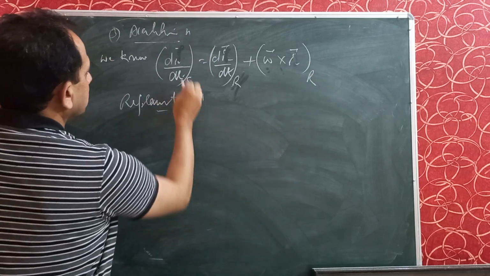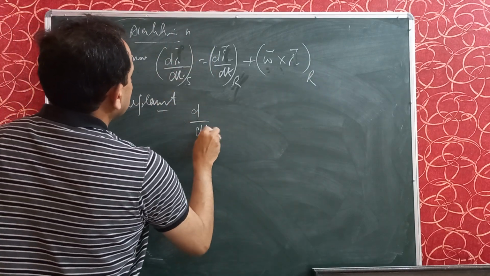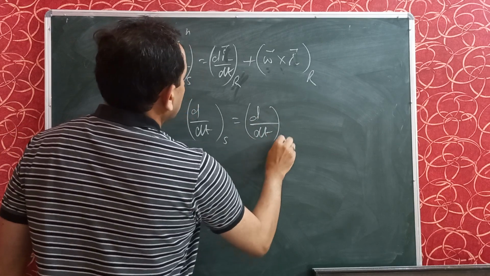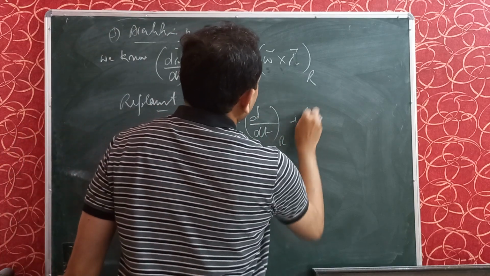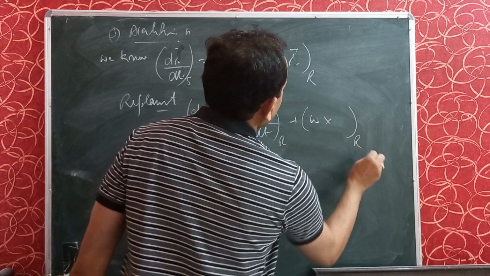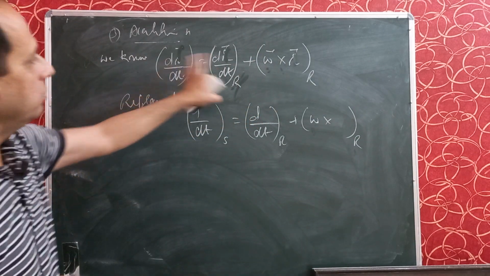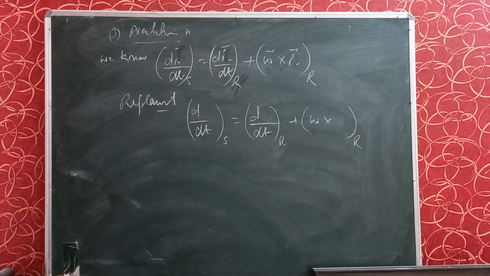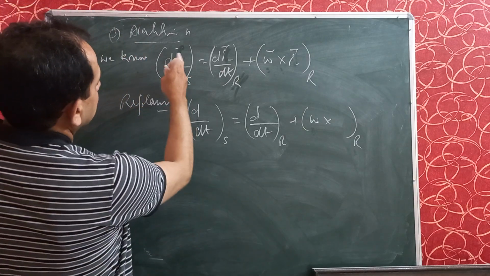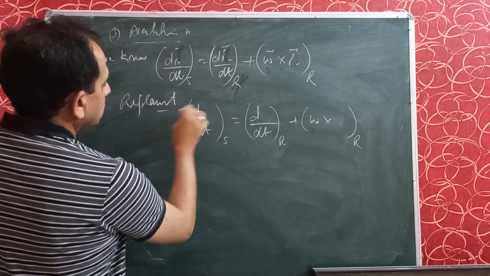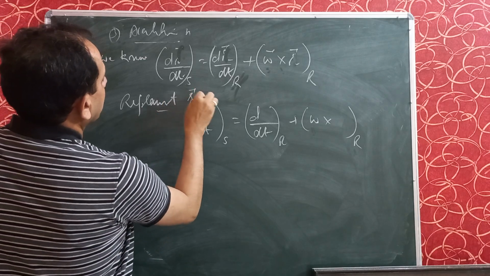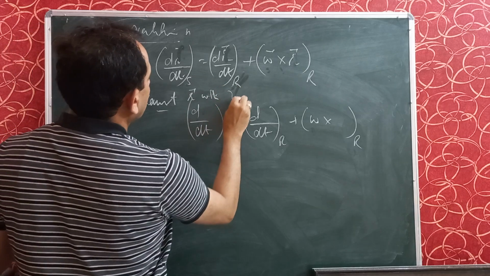It is written as d/dt in S of r plus omega cross r. This equation is called the equation in operator form. Now we will replace this r vector with the velocity in the S frame.